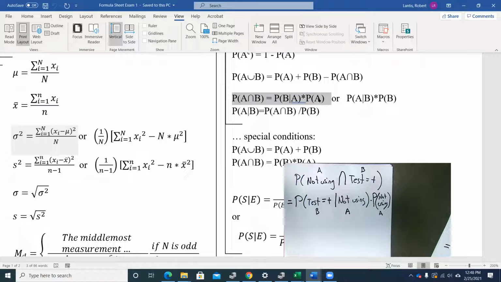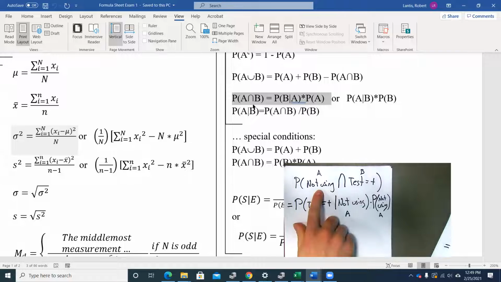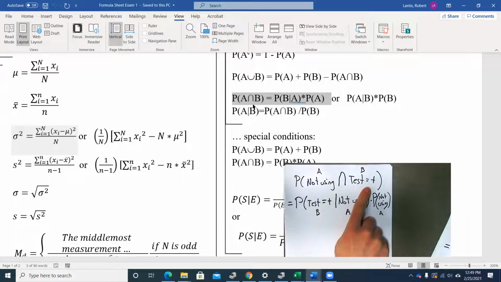Yeah. So what's the best way to determine what A and B are? It doesn't really matter what we call these. The general form of the equation is calling them events A and B. So I can just think about whatever's in this first category. When I'm asked for that probability, it said, what's the probability someone's not using and the test comes back positive?